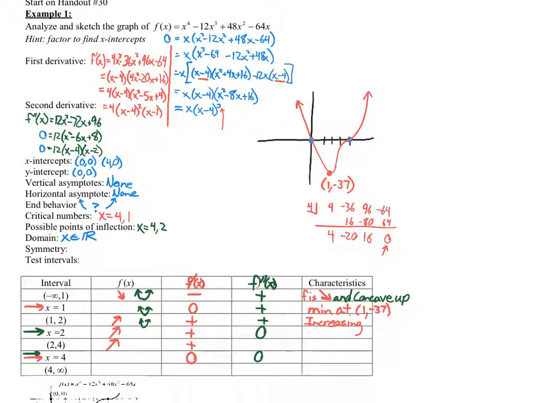So the second derivative is negative, concave down, and that's for the interval from 2 to 4. This was concave up on the interval from negative infinity up to 2. Okay?